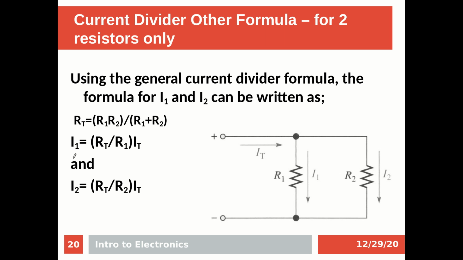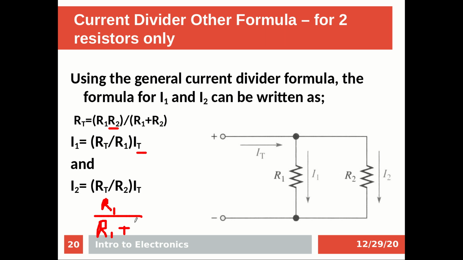I will use I1 is R total over R1, and I2 is R total over R2. It is the same idea. You will get the same equation: in I1 you see R2 over R1 plus R2 multiplied by I total, and in the numerator R1 over R1 summed with R2.